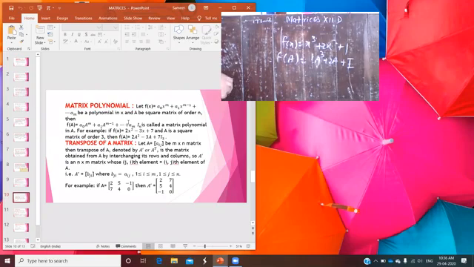No doubt, the matrix chapter is very easy and scoring also, but it needs concentration. Sometimes it is easy, but most of the time there is a mistake of sign, minus sign or plus sign. If you make a mistake of sign, the result is also incorrect and marks are not provided to you.